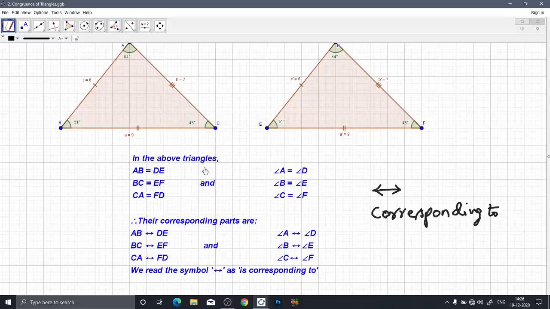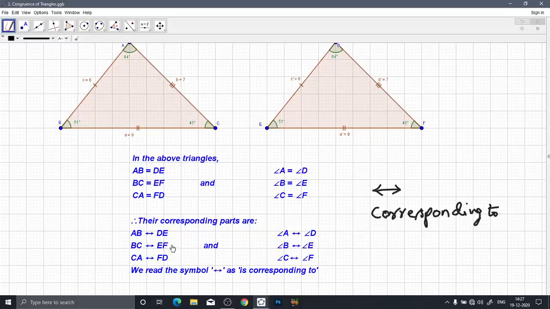Since CA is equal to FD, side CA is corresponding to side FD. And if you take angles, angle A is equal to angle D, so angle A is corresponding to angle D. Angle B is corresponding to angle E, and angle C is corresponding to angle F, to become those two triangles congruent to each other.